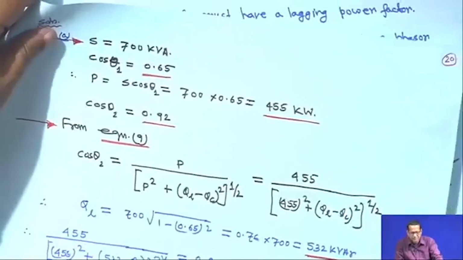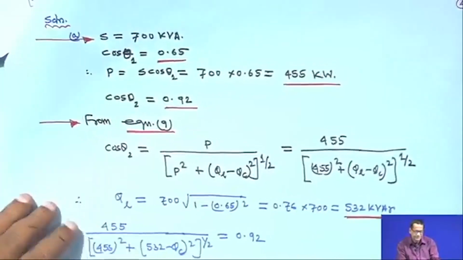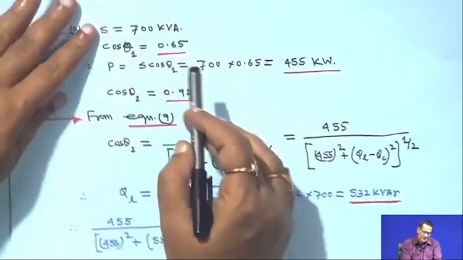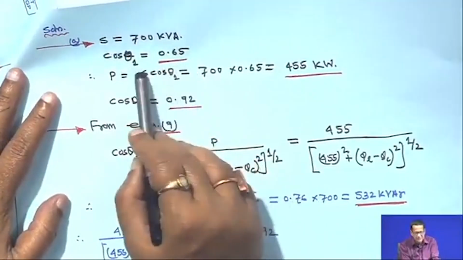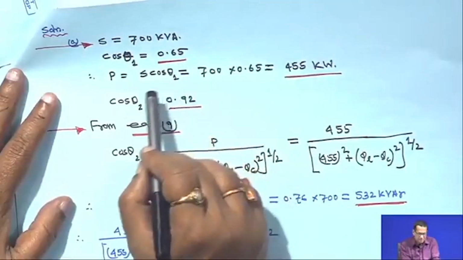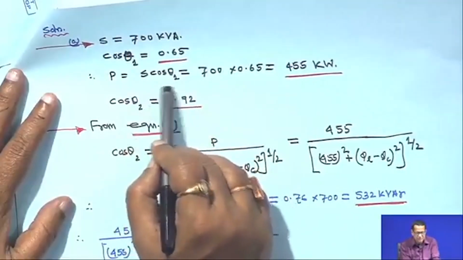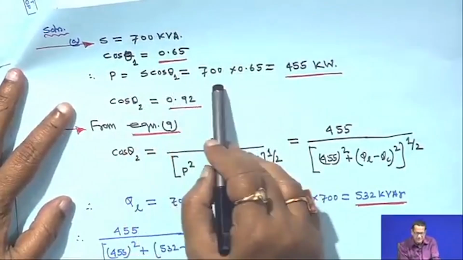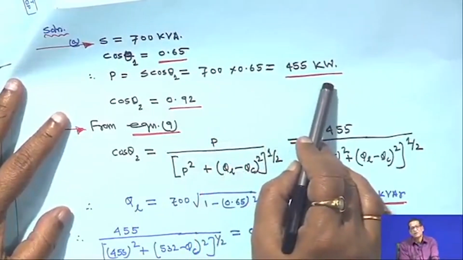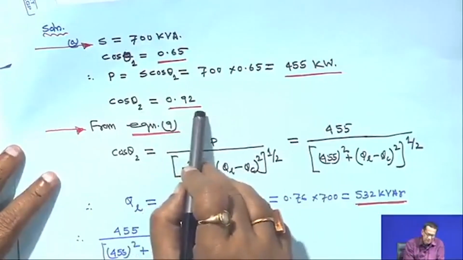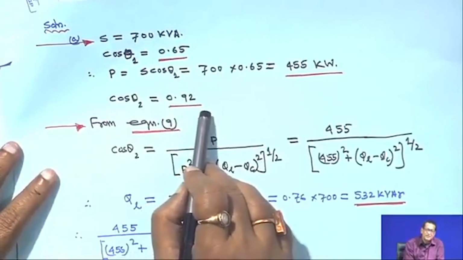In that case, S is given as 700 kVA, and the initial power factor cos theta 1 is 0.65. So, P is equal to apparent power into cos theta 1, that is S cos theta 1 equal to 700 into 0.65, which is 455 kW. Cos theta 2 is the improved power factor, 0.92.